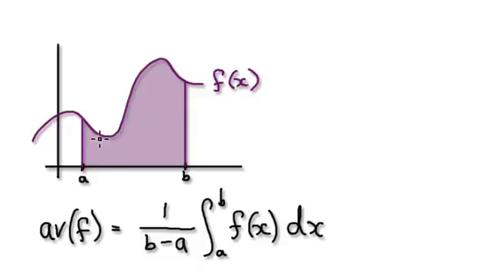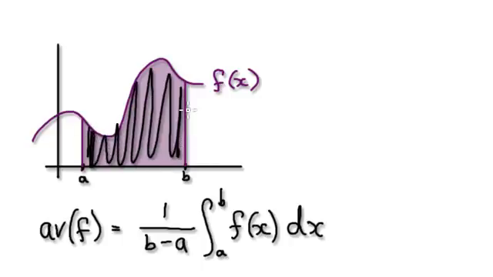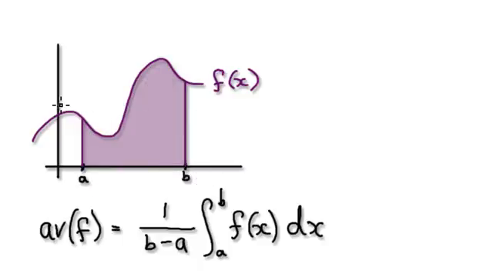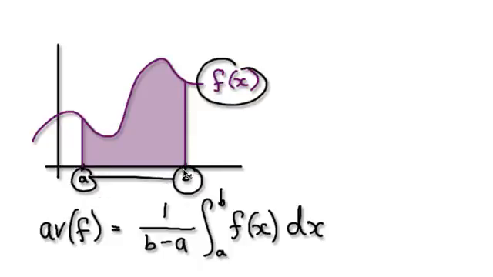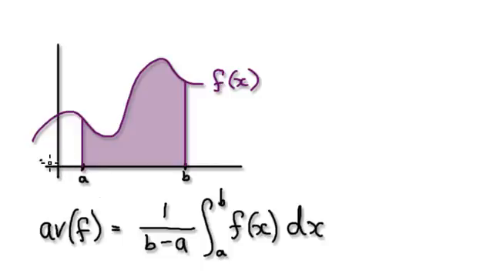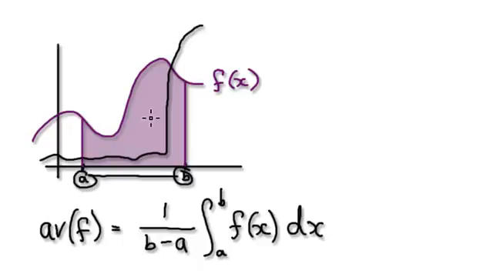So if you get the whole area and divide it by this, it will give you the average height of the whole function in between A and B. If you have a function like this that all of a sudden jumps, then in between A and B the average height would be somewhere along here.